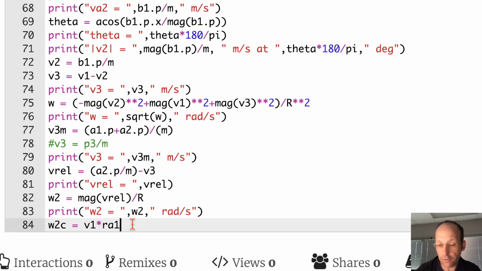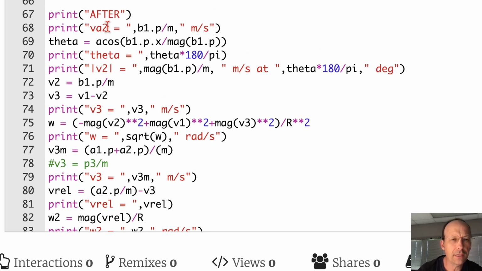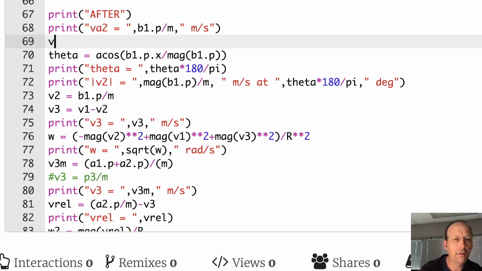RA1 divided by R squared. That's all just scalar values. And then minus RA2, which is RA1, times VA2, which do I have that? VA2 right there. Let's call that a thing.